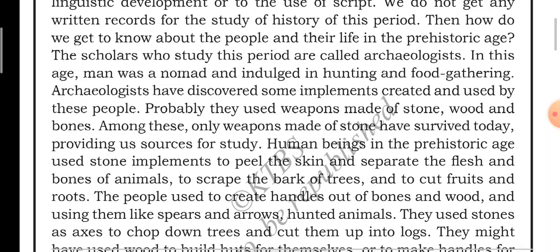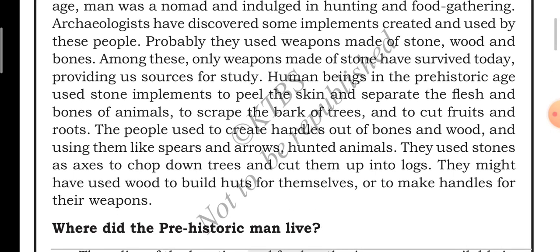Okay, so in this age, man was a nomad and indulged in hunting and food gathering. So, children, during the prehistoric period, man was a nomad and he used to hunt and gather his food. Archaeologists have discovered some implements created and used by these people.